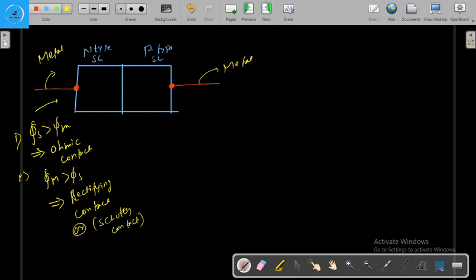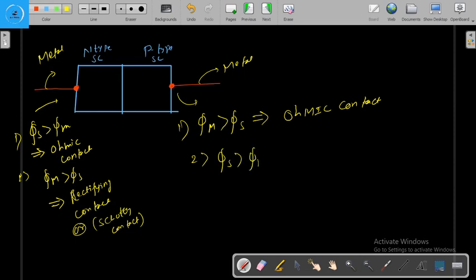Similarly, for the p-type semiconductor and the metal, when phi m is greater than phi s, the contact will be called the ohmic contact. When phi s is greater than phi m, the contact will be rectifying.